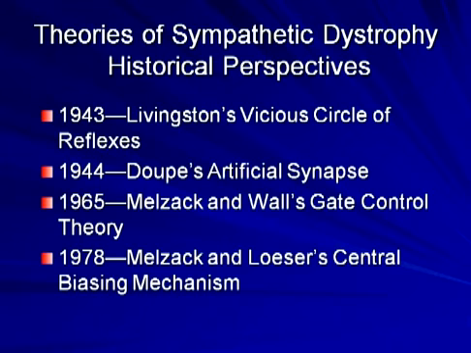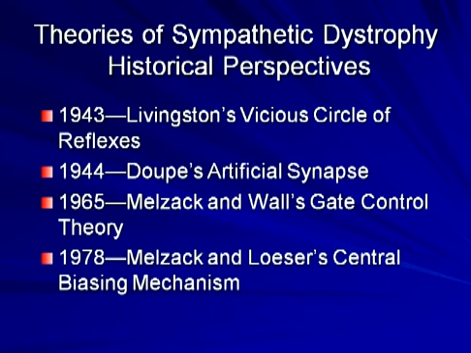Dupay, another researcher, claimed to have found in animal models synapses, artificial synapses between injured nerves and sympathetic nerves, and it was thought that the sympathetic discharge produced the pain generation through the somatic nerve through these artificial synapses.